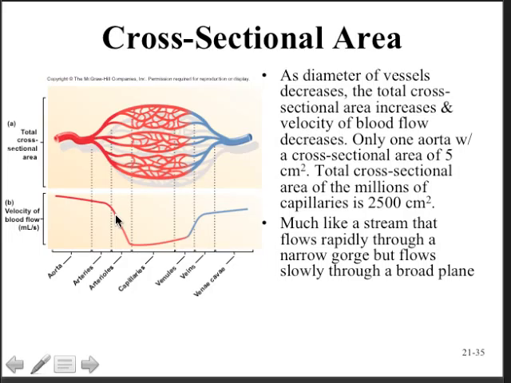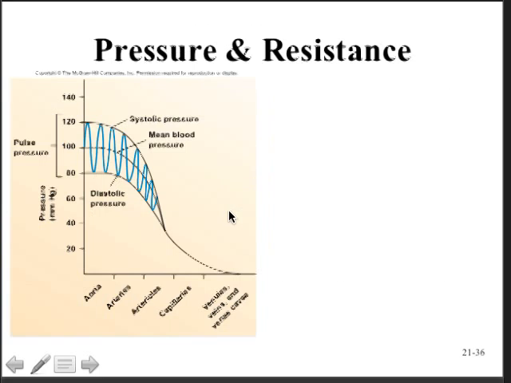Number one, the vessels are getting tinier, the resistance is increasing, and the flow is beginning to slow. By the time we get to the capillaries, the flow is quite negligible, and then it begins to pick up as the capillaries empty into the venules, and the venules empty into the veins, and then the vena cava, of course, brings the blood back up to the heart.